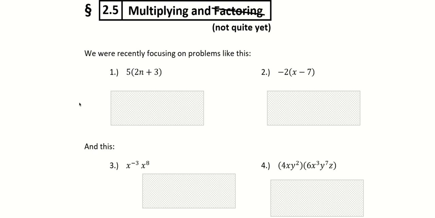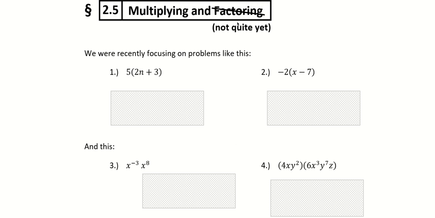Alright, so this is obviously 2.5. The title that you see here says multiplying and factoring. It must have been out of whatever textbook I was grabbing examples from, or using as a rough guide for these notes handouts, but we're not going to be factoring quite yet.